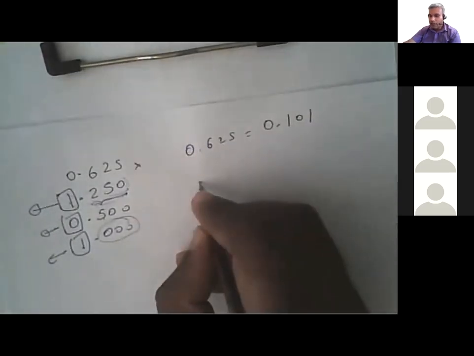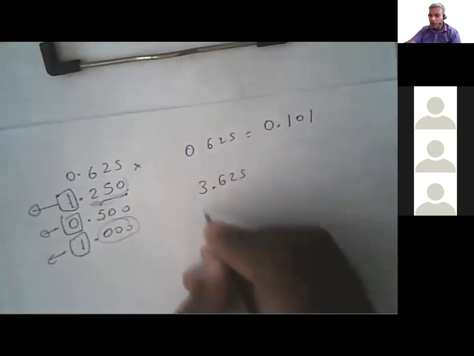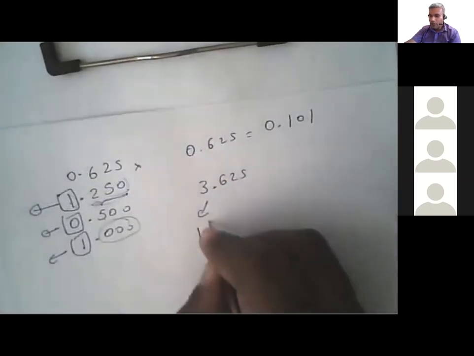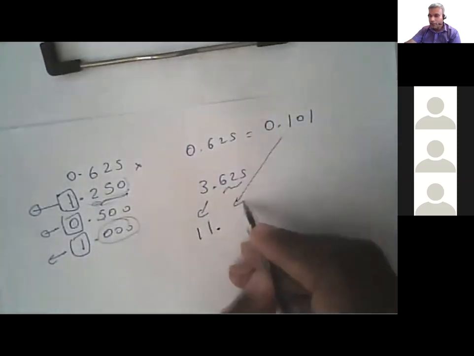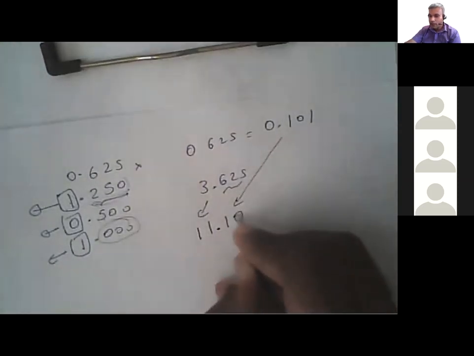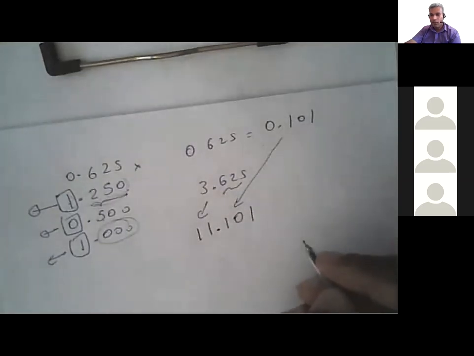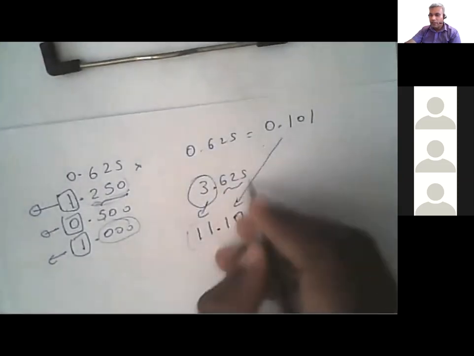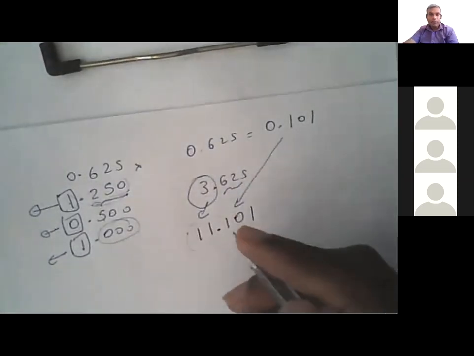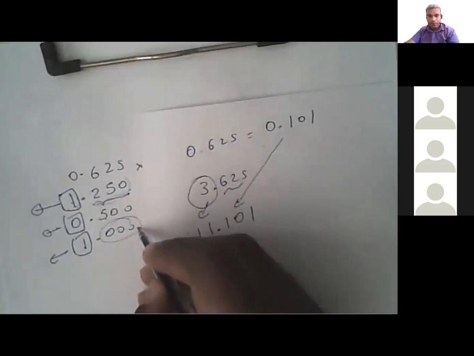So if you have something like, let's say, 3.625, 3 can be converted as 11, and 0.625 is, we know, 101. Okay, got the idea? So the integer part, you can do it the usual way. Fractional part, you keep multiplying it by 2 until you get to 0.